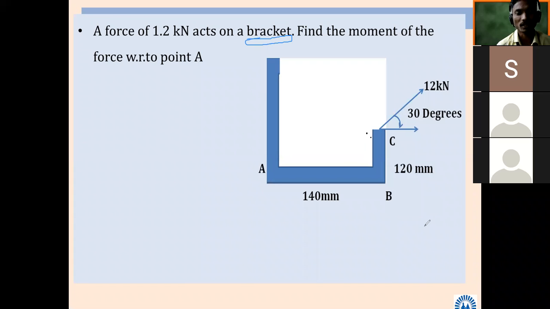To solve this problem, what is the formula for moment? Magnitude into perpendicular distance. Looking at the figure, if you apply this simple formula, the magnitude is no issue, 1.2 kilonewton is with you.